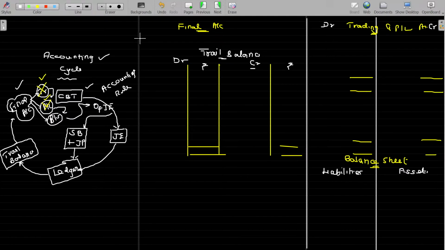In the debit side, there will be expenses related to the trading account and expenses related to the profit and loss account, as well as income related to the trading account, and income related to the profit and loss account. Clear? Apart from that, in the debit side, we have the assets also.